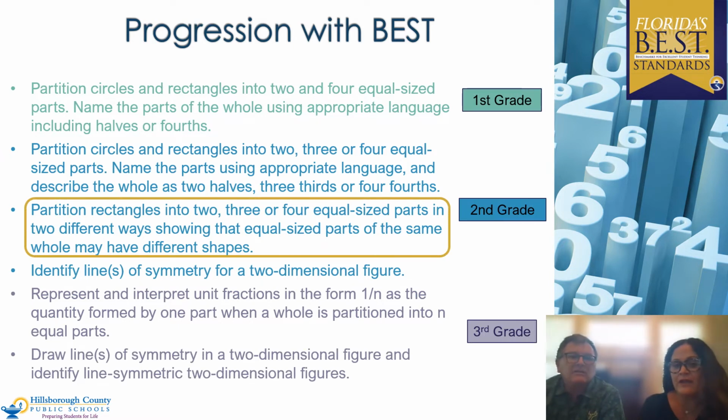And here you can see how that builds upon what they're going to learn in third grade. So that's that whole notion of equal size parts of the same whole but different shapes. That's going to be very challenging. Stay tuned, Daryl. I think I have some great instructional strategies for you that will support students with that understanding.